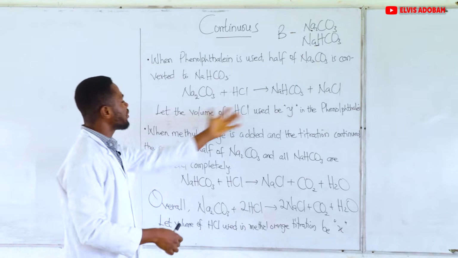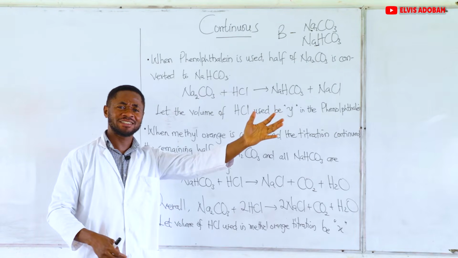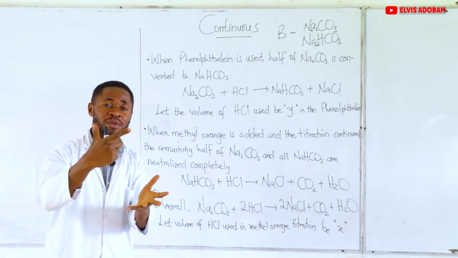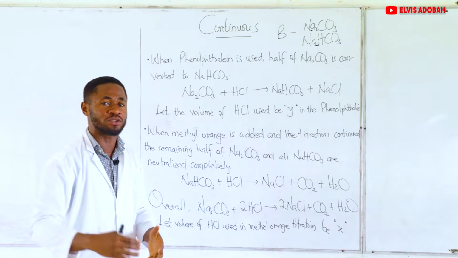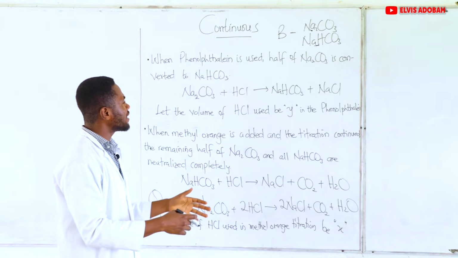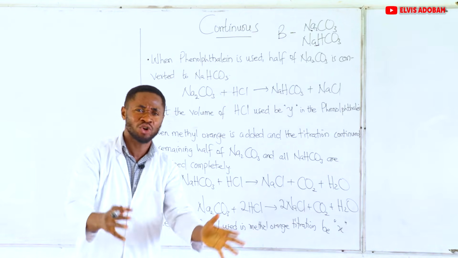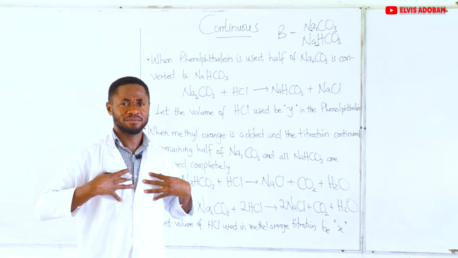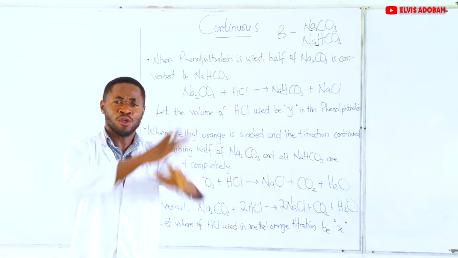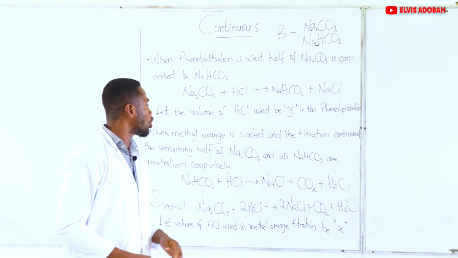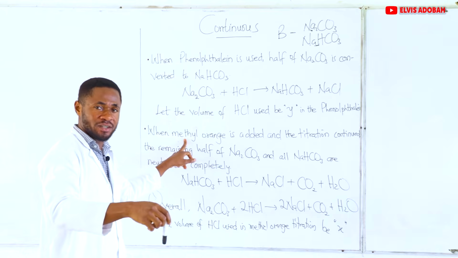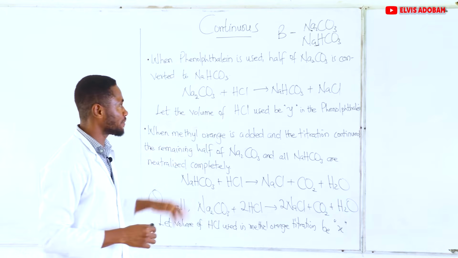Then, methyl orange came into the business. Remember, we didn't discard the solution. We just added 3 drops of methyl orange and continued the titration. So methyl orange came and said, hey, phenolphthalein, why did you do this shady job? Okay, I'm here. I will make sure I perform the task thoroughly. So when methyl orange was added to the mixture, what happened?